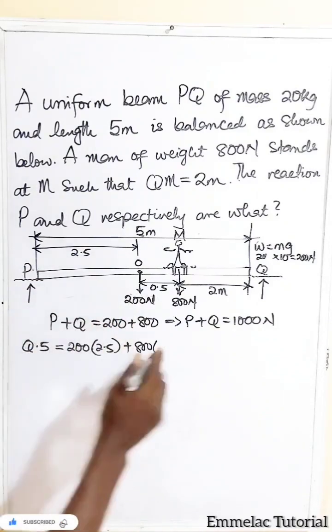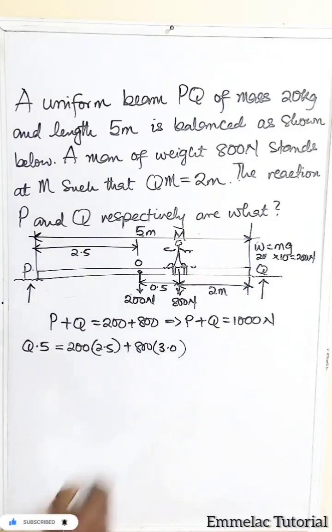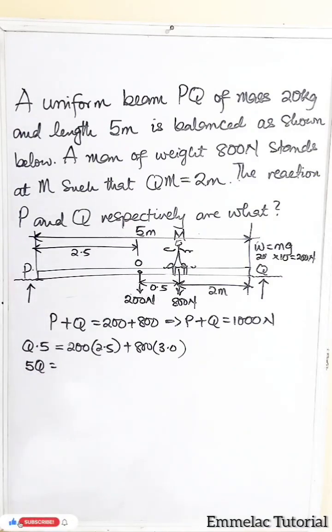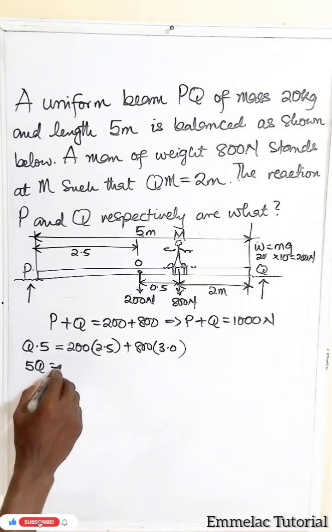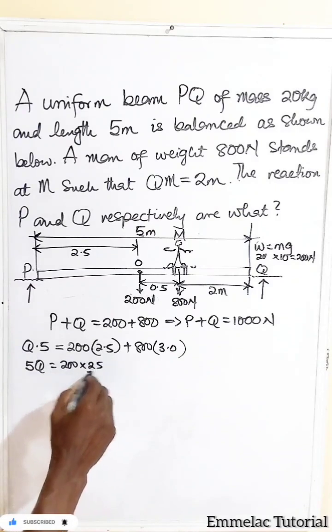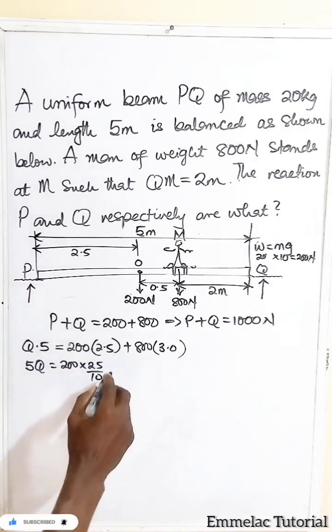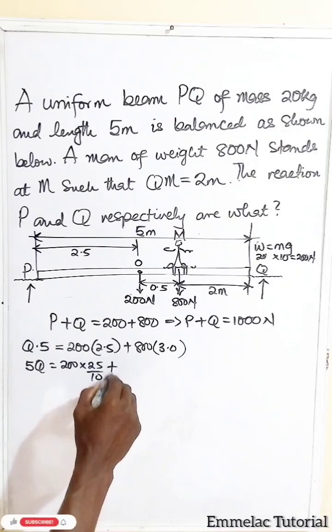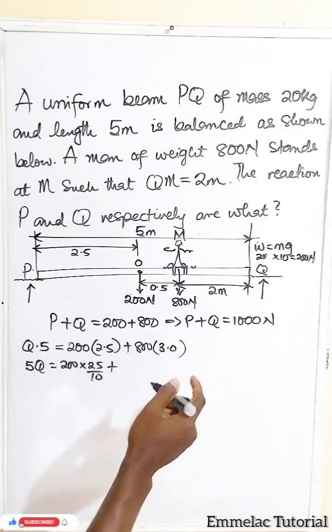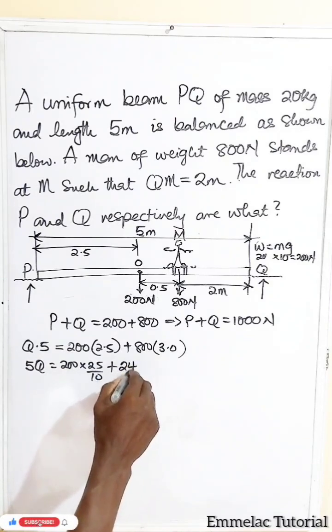Okay, so to that end, this will now be 5Q equals 200 times 25 over 10. I'm putting it in fraction because I don't have a calculator close to me here. Now 3 times 800 here will give us 2400.